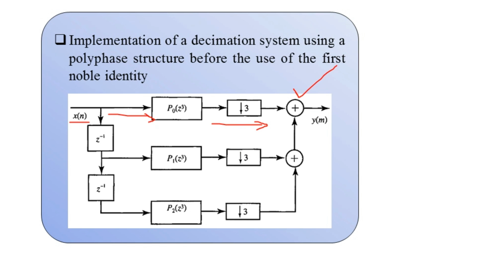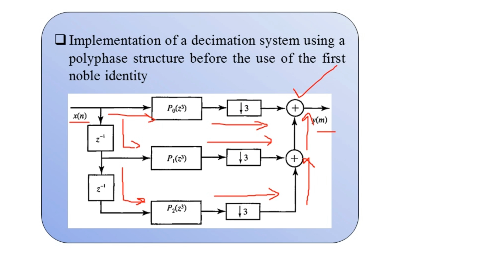Then through the delay we have P1 of z cube, further a decimator added to the summation, and finally contributing to the output. Again we have a delay, then fed to P2 of z cube, and through the decimation by factor 3 and the summations it contributes to the output discrete time sequence denoted by y of m.